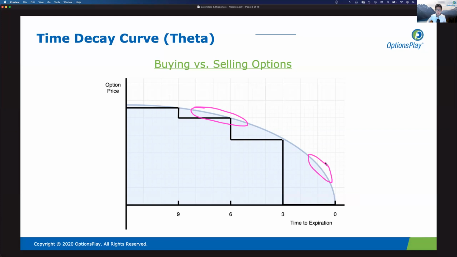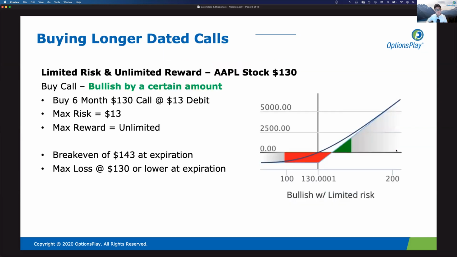So when we're trading time spreads, we're buying options that are longer dated and selling options that are shorter dated, taking advantage of the theta decay on what we sell and buying something with relatively low theta decay. That's the primary premise of trading time spreads.